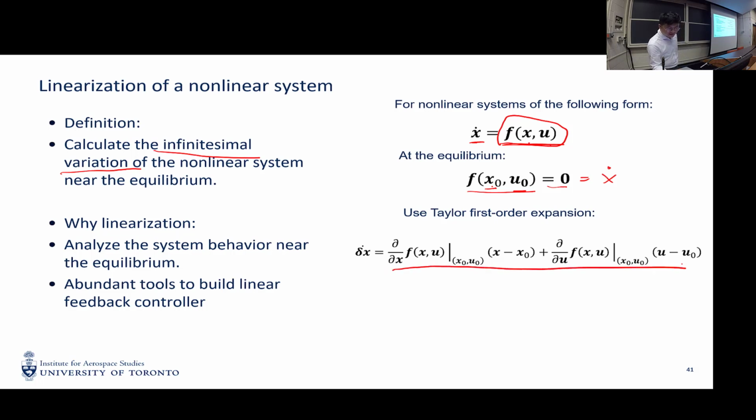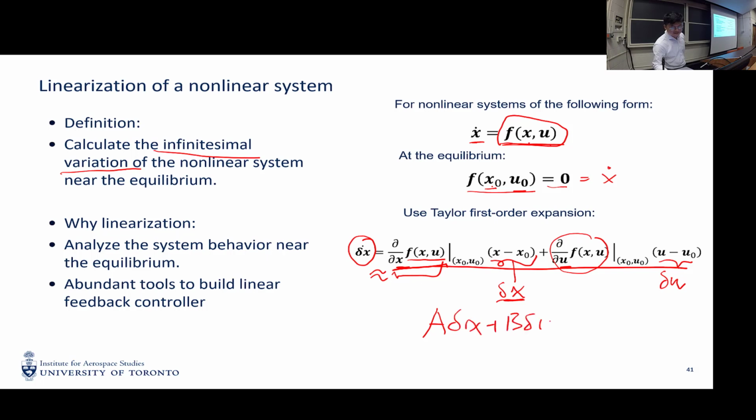If delta x here is a small deviation from the equilibrium, then the resulting dynamic equation is approximately, not strictly, in this format. So we take the first order derivative with respect to x, times the small variation of x, and the same for the control input: the first order derivative with respect to u times the small variation of u. By doing this, effectively we converted the nonlinear system into a linearized system in this format.